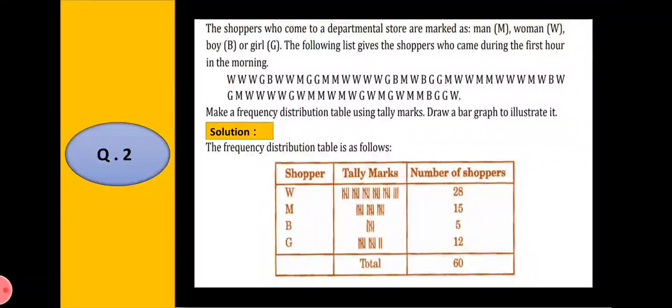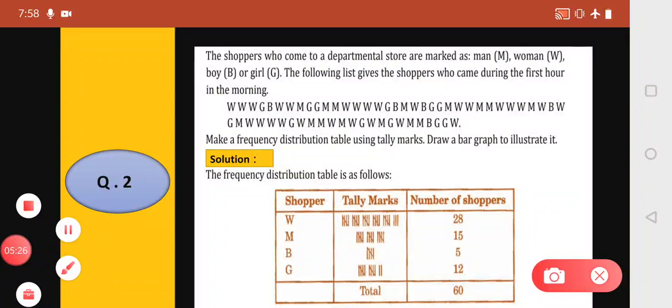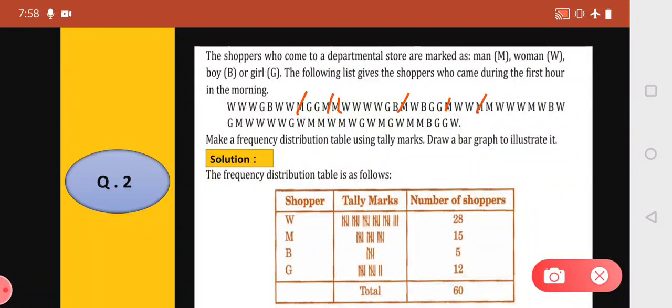Now for men, let's count. Yes, you can see here 1, 2, 3, then 4, 5, 6, 7, 8, 9, 10, 11, 12, 13, 14, 15.